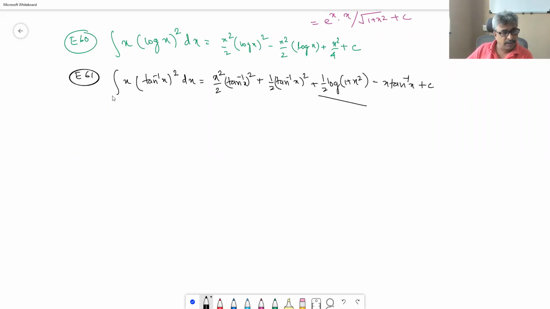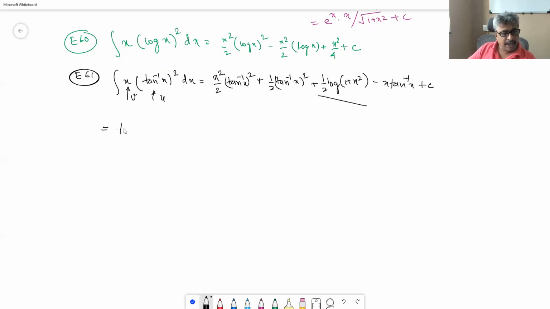Of course, inverse trigonometric function is there. So LIATE. I am supposed to consider inverse trigonometric function as u and x as v, in spite of the fact that I know that x square is going to grow, but I don't have any choice.